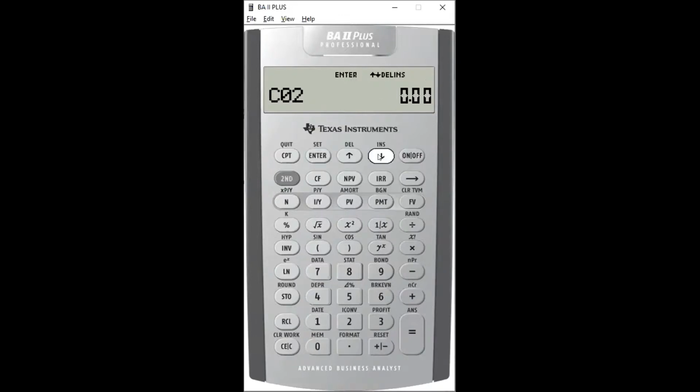We only have one -60. The second year, the difference is 10. We only have one 10. And the third year, the difference is 60. We only have one 60. After we input all the differences of cash flows, we press IRR compute. We found 8.68%, or around 8.7%. That's the crossover point.